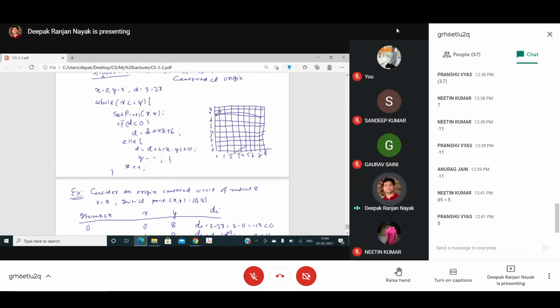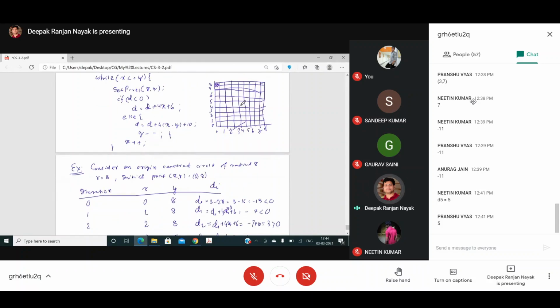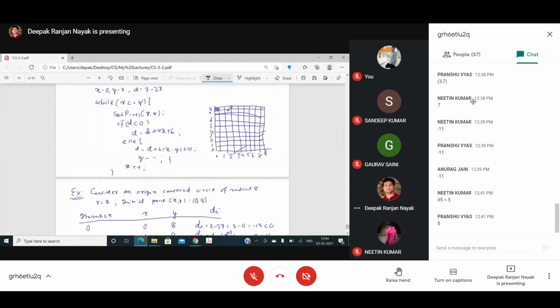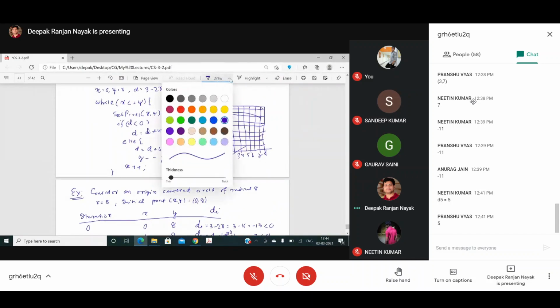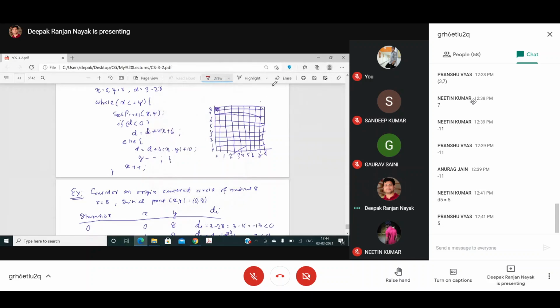So the pixel positions, if you look at here, the first one is 0 and 8. This one. Second one is 1 and 8, 8 means this one. Choose one more color here.